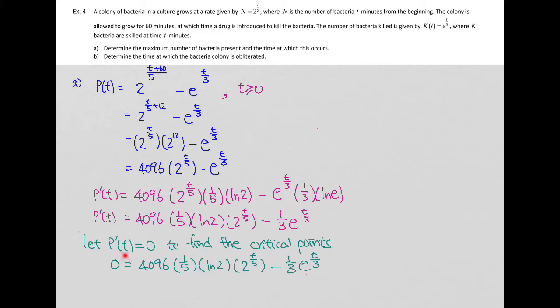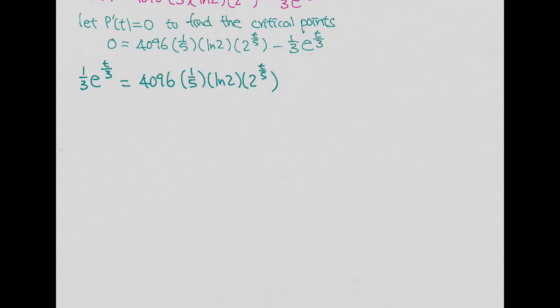Next, we want p prime to be 0 to find the critical points. So 0 equals the entire p prime here. Now, since we're finding the variable that is in the exponent, I have to take ln. But if you want to take ln, you cannot have any addition or subtraction. So we have to remove this term and put it on the left-hand side. And then we're going to take ln on both sides.